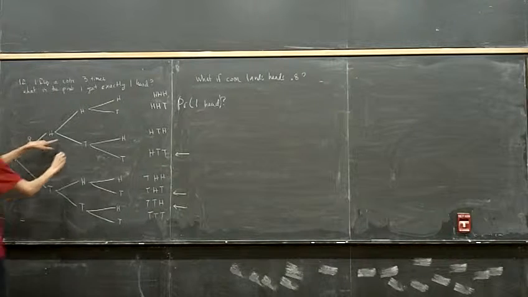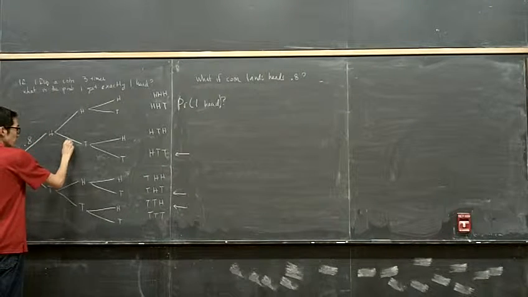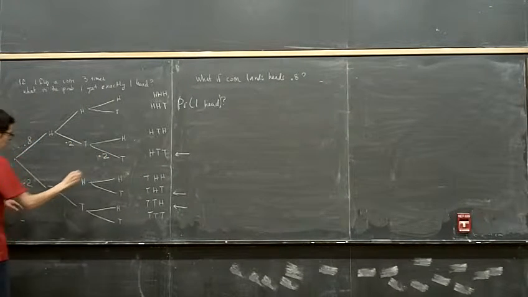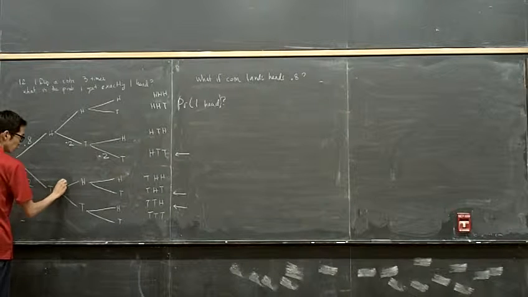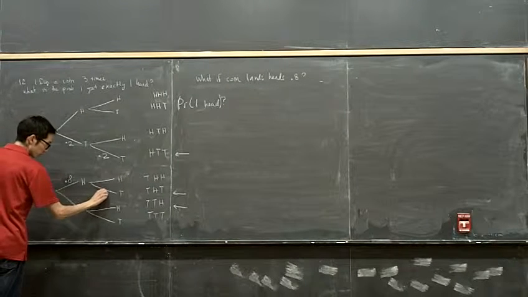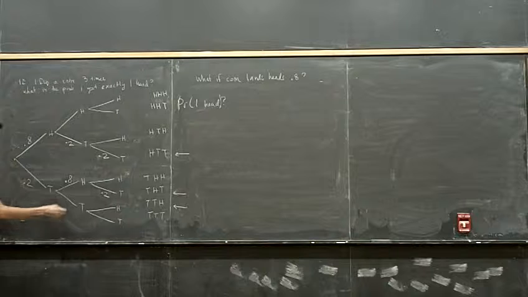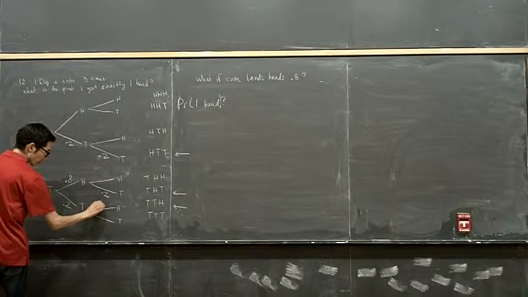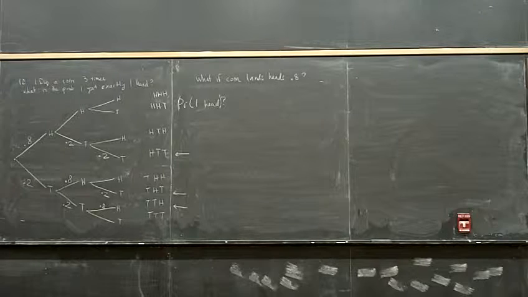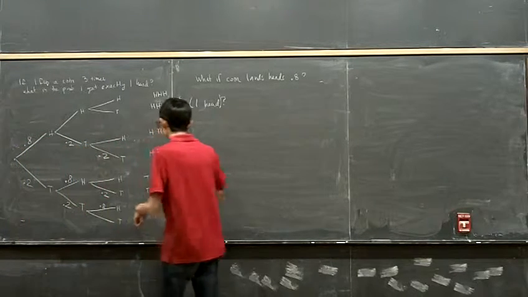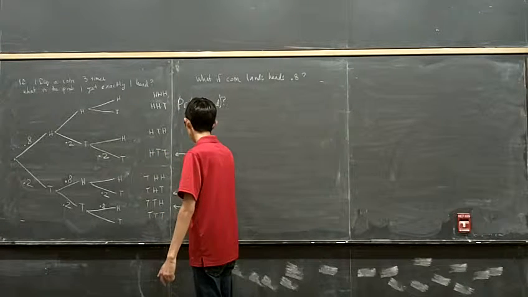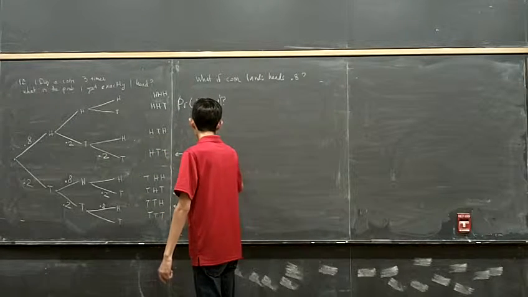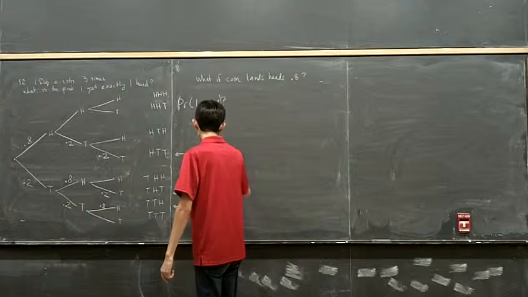Okay, so this one requires 0.8, then 0.2, and then 0.2. And this one goes 0.2, 0.8, 0.2. You might have to redraw your tree, and I apologize. 0.2, 0.2, 0.8. But each one would be the same. Because here, the probability of getting heads, tails, tails is going to be 0.8 times 0.2 times 0.2.